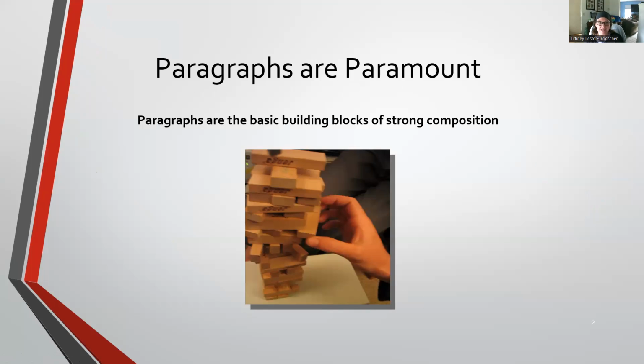But before we get into that, let's take a look at what a paragraph is, because it consists of several elements. And paragraphs are the building blocks of strong composition. I mean, even when you write an email, unless it's like 2 sentences, it's sort of like a paragraph.